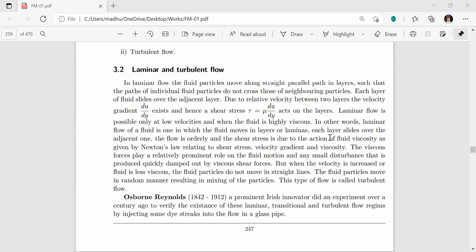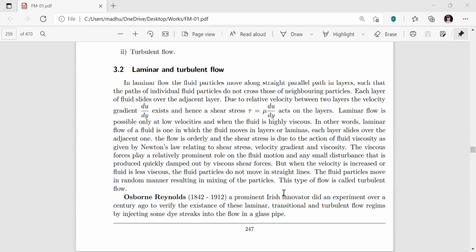There is one law, that is Newton's law, that relates shear stress, velocity gradient, and viscosity. The viscous forces play a relatively prominent role in the fluid motion, and a small disturbance that is produced is quickly damped out by viscous shear force.